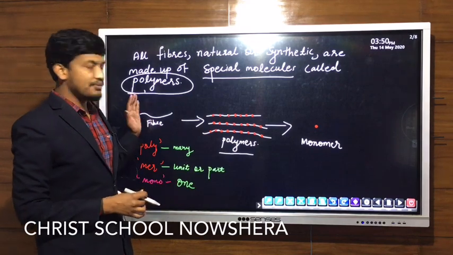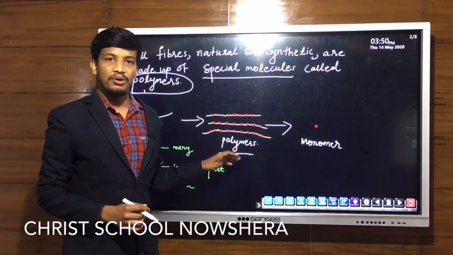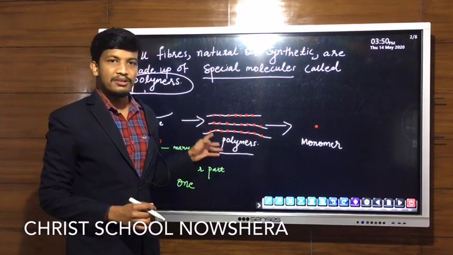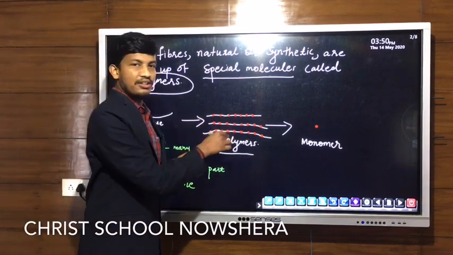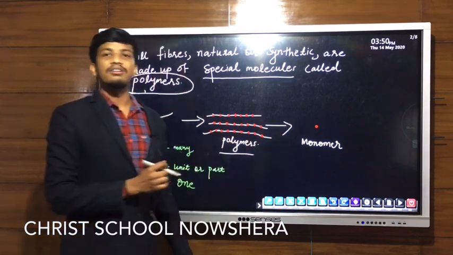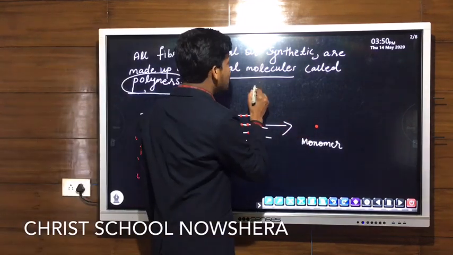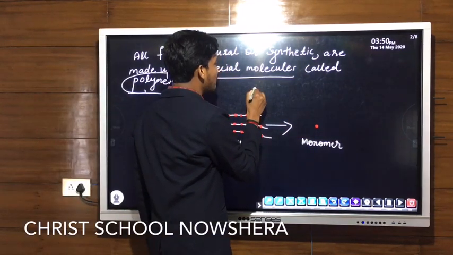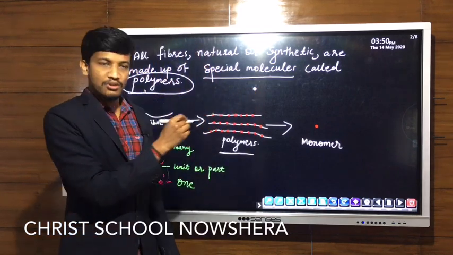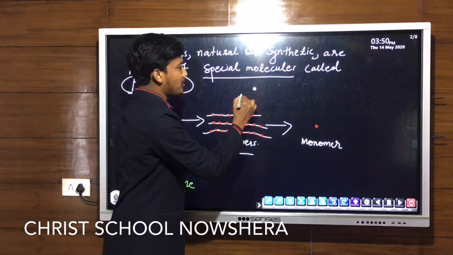So we can say that fiber is made up of long chains called polymers. And what is polymer? Polymer is a long chain of small units, and each small unit is called monomer. Each single small unit is called monomer.